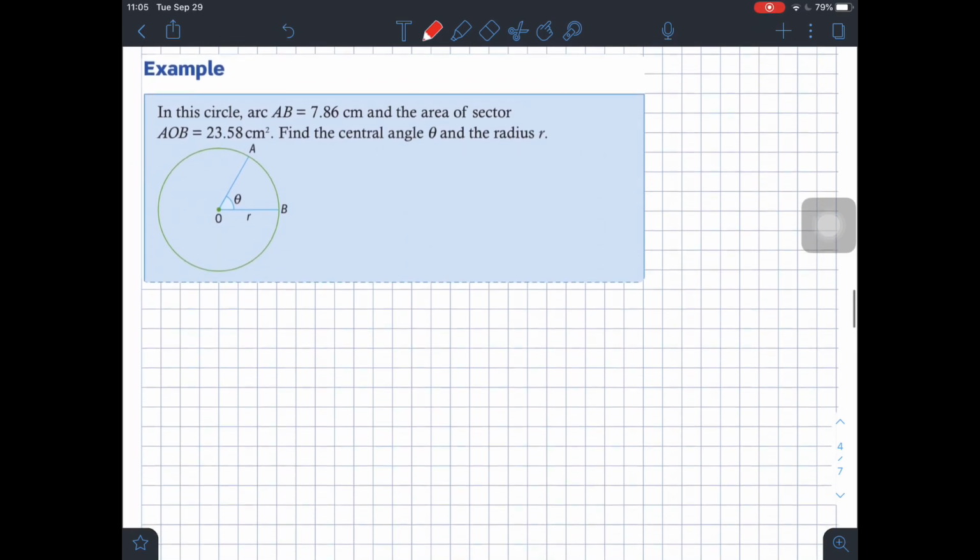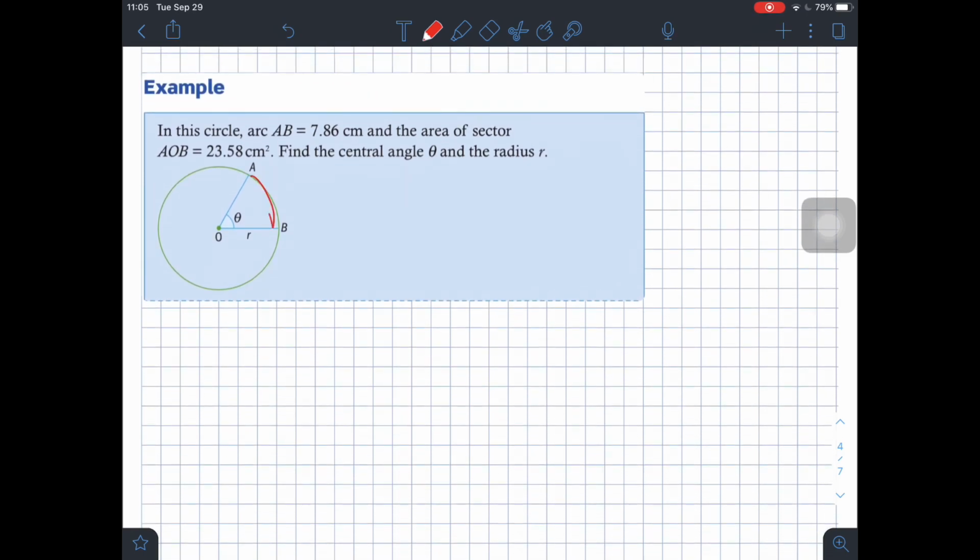It says, in this circle, arc AB, that's this, is equal to 7.86 centimeters, and the area of the sector, that means all of this, is equal to 23.58 centimeters squared. Find the central angle theta and the radius r. So we want to find the radius and the value of the angle. So let's write down our information.